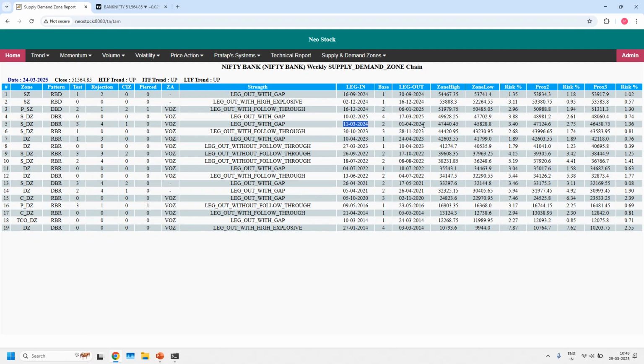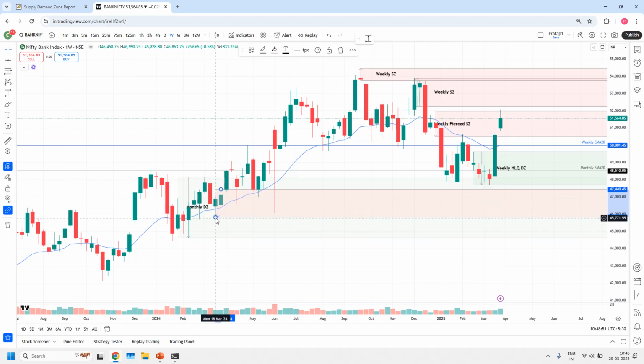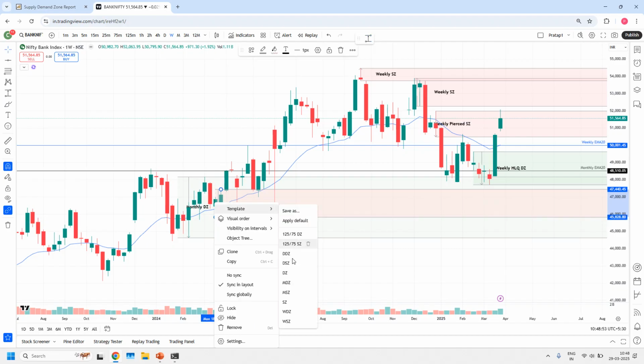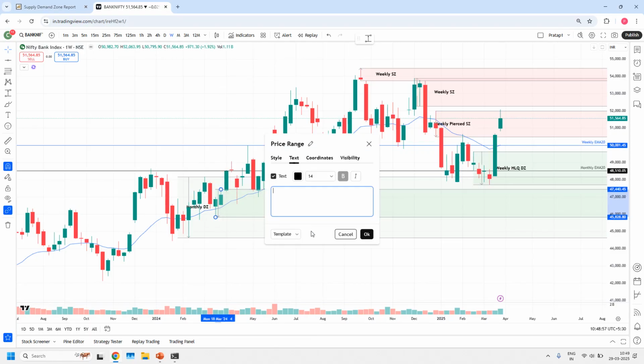Yes, 2 base candles and a rally candle. Drop base rally. Let me draw that zone. This is the weekly demand zone. Let me add the text. This is the weekly HLQ demand zone.